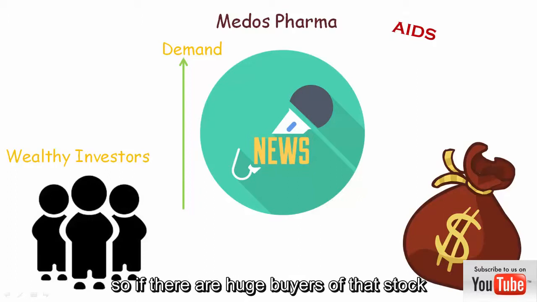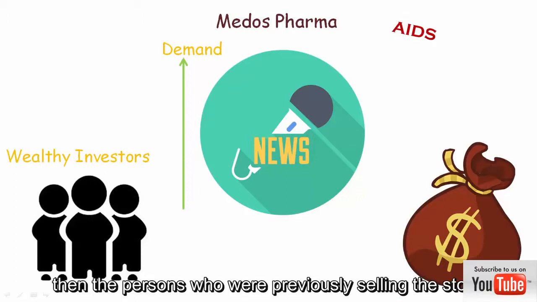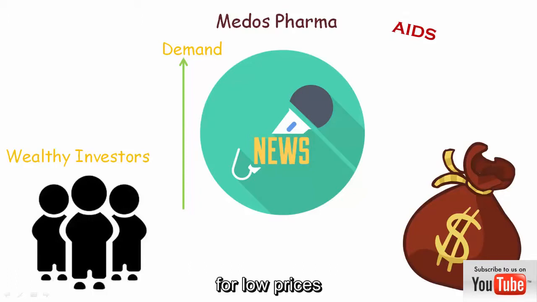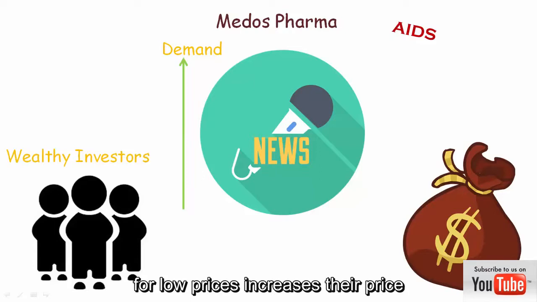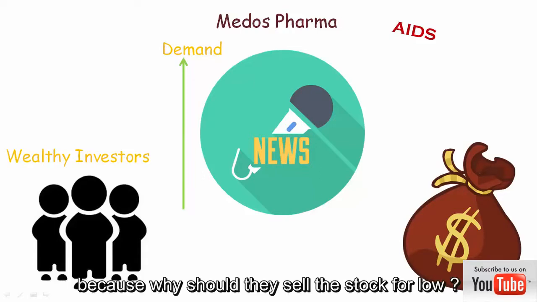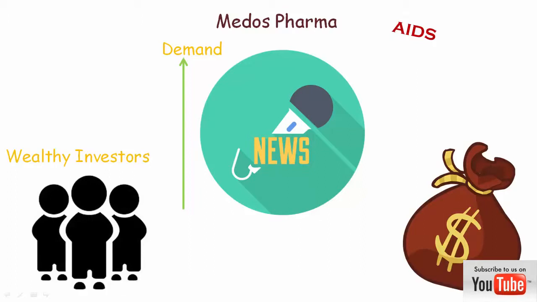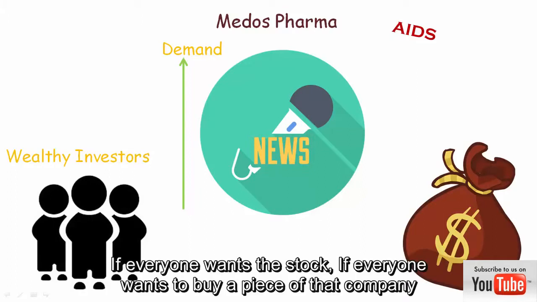And if there are huge buyers of that stock, then the people who were previously selling their stocks for low prices increase their price. Because why should they sell the stock for low if everyone wants the stock, if everyone wants to buy a piece of that company?